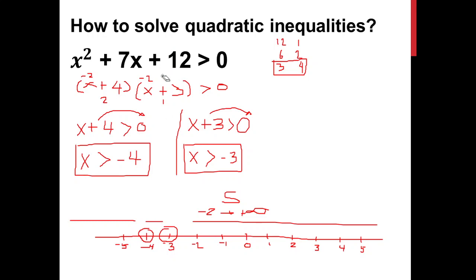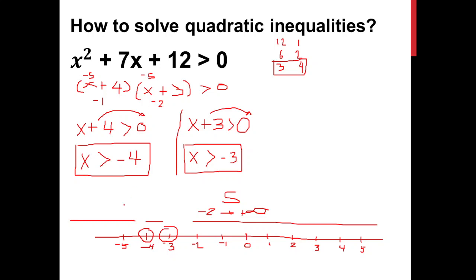Now, if negative 4 is not part of the solution, let's try negative 5. So if x is negative 5, negative 5 plus 4 is negative 1, negative 5 plus 3 is negative 2, negative 1 times negative 2 is positive 2, which makes the statement true.